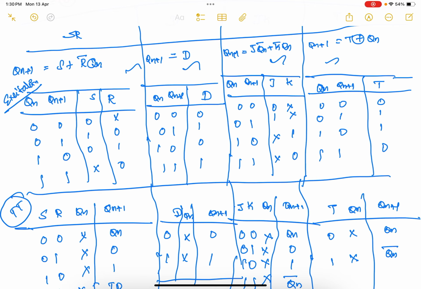And in the SR flip-flop, if the outputs of the third and fourth gates are fed back to the inputs of the first and second gates in a cross-coupled configuration, then we will get our JK flip-flop. In the JK flip-flop, if both the inputs J and K are connected together, then we will get our T flip-flop.